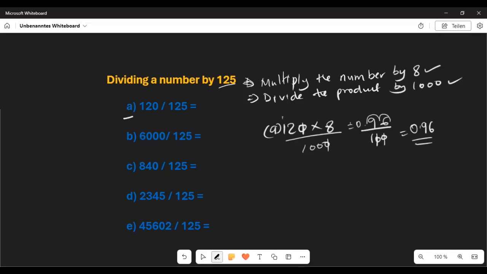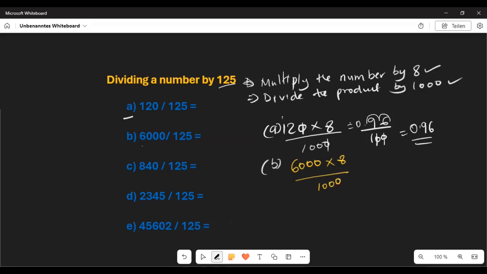So let's look at 6,000. So we have B. I will take another pen so that we build the visibility aspect. We have 6,000. Now we need to multiply that by 8 and divide by 1,000.